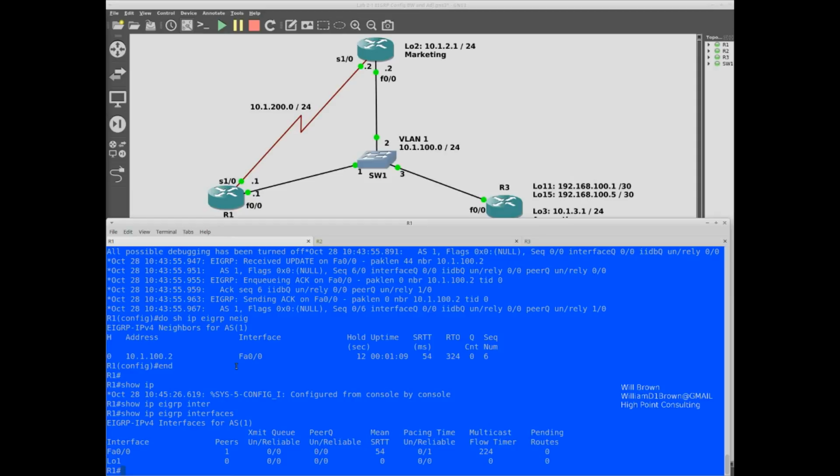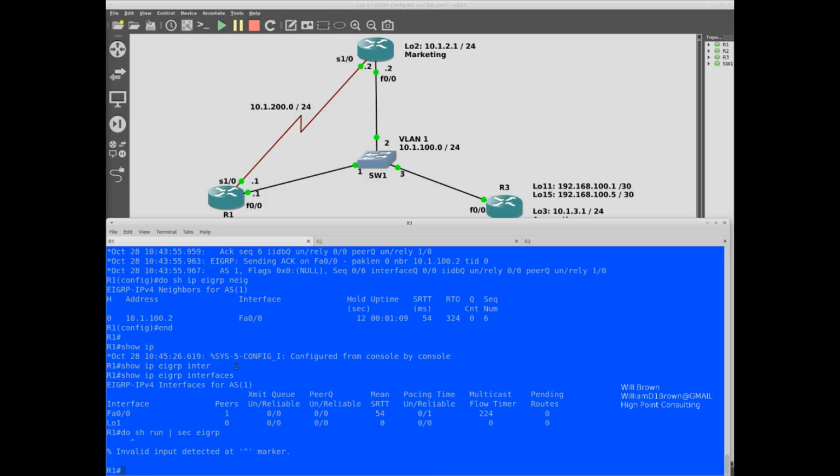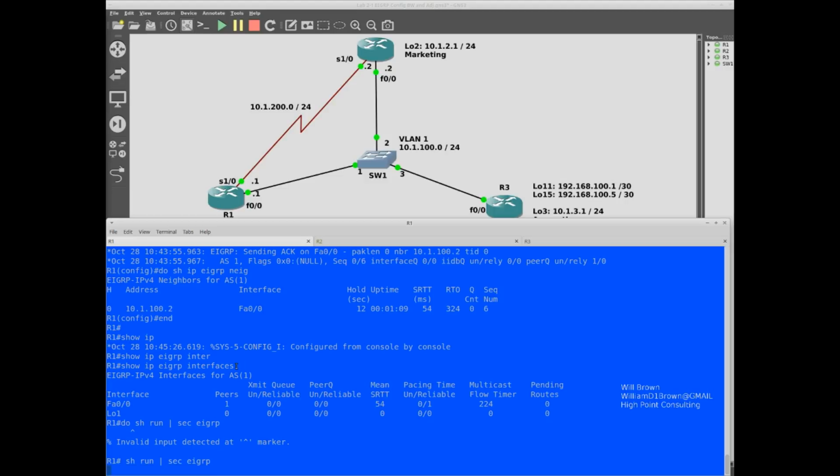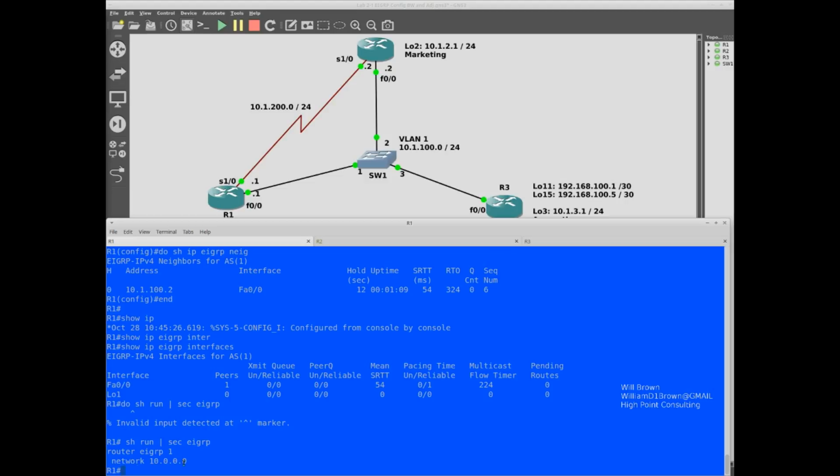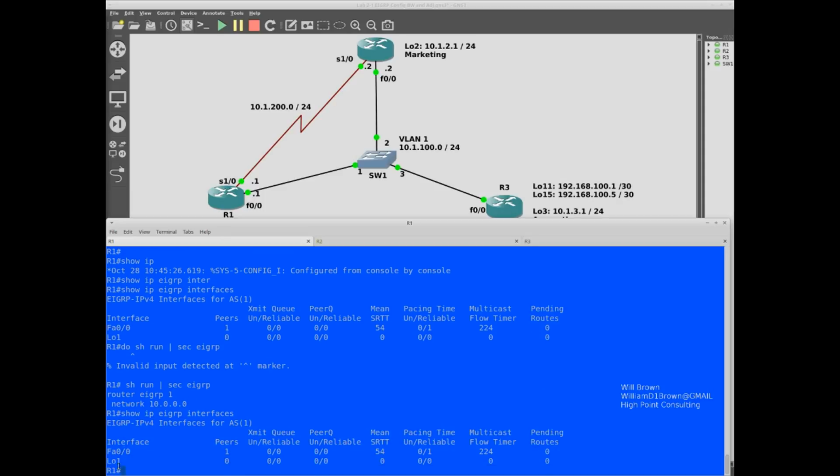Okay, remember when I said earlier that we were entering it very loosely, using a network statement of 10.0.0.0? Do show run section EIGRP. And if you see here, that did indeed enable EIGRP on loopback 1.